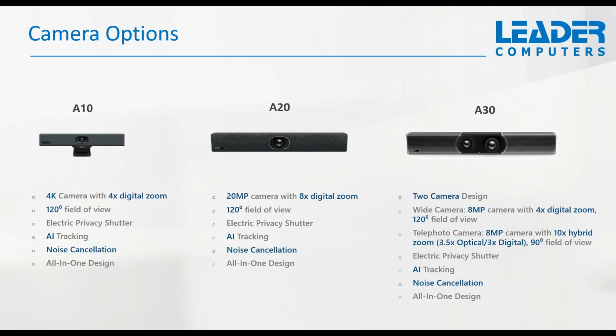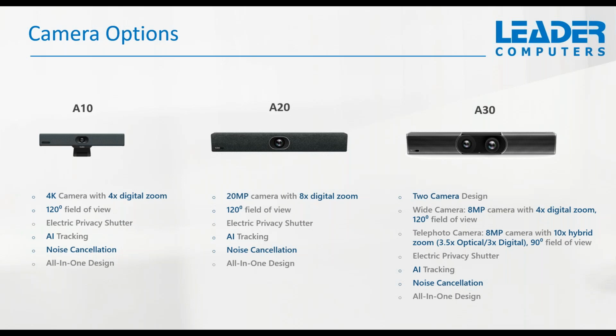All right, so with the camera options, we're talking about Android on this slide here. Most of the cameras in these devices are all 4K or at least 20 megapixel on the lenses. Now, each of the Android-based solutions, because they are digital zoom-based lenses, do have that wide field of view.